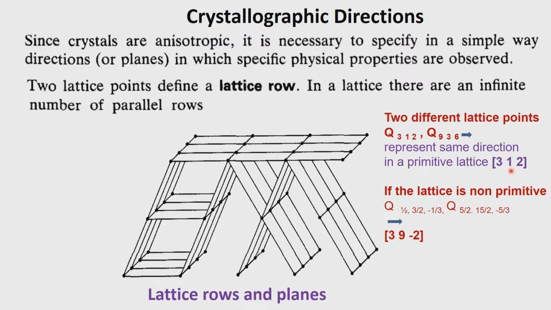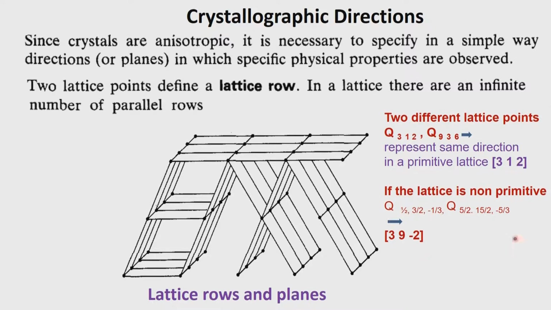You might look into a situation when it is a non-primitive lattice. A non-primitive lattice is one in which we have centering, for example. We have a C-centered lattice, an F-centered lattice, an I-centered lattice, and so on. In which case the lattice points may occur at 0, 0, 0 and also at half, half, half, which is a fraction.